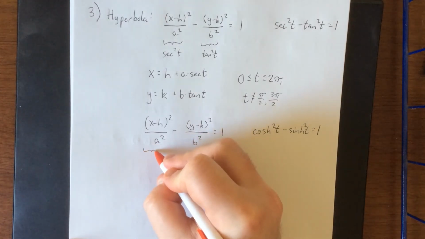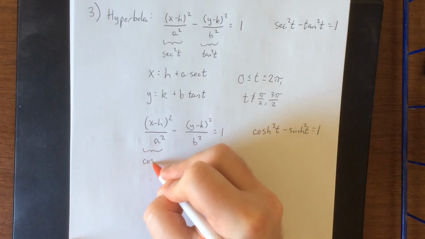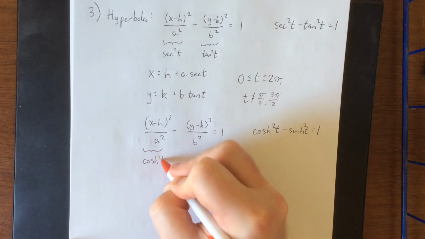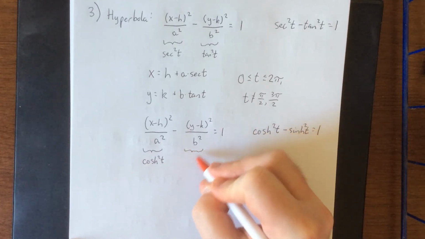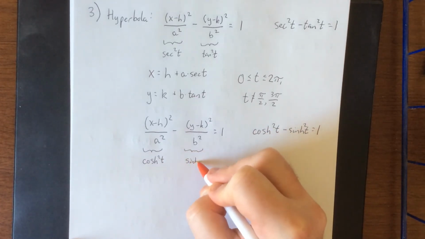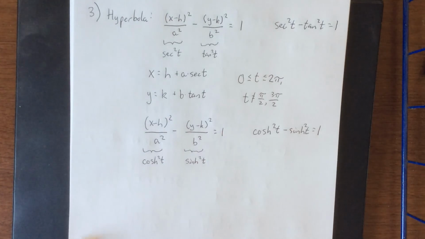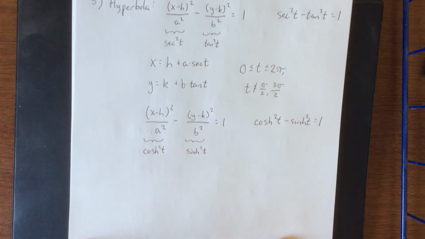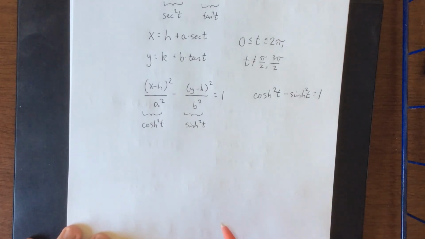So within some mathematical circles, they would define this all to be the hyperbolic cosine squared of t, and define all of this to be the hyperbolic sine squared of t. Just please be aware that if you see hyperbolic functions, chances are pretty good you're talking about a hyperbola.